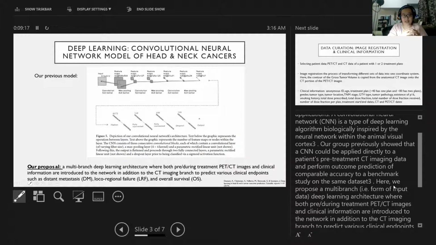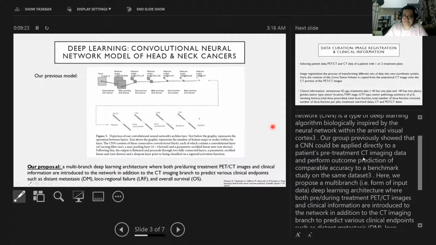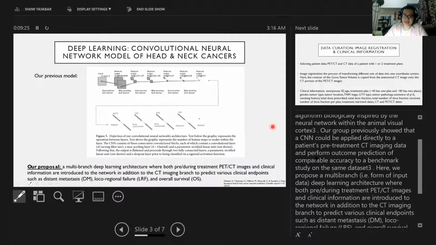Our group previously showed that a CNN could be applied directly to a patient's pre-treatment CT imaging data and perform outcome prediction of comparable accuracy to a benchmark study on radiomics, which is another field, on the same data set from before.